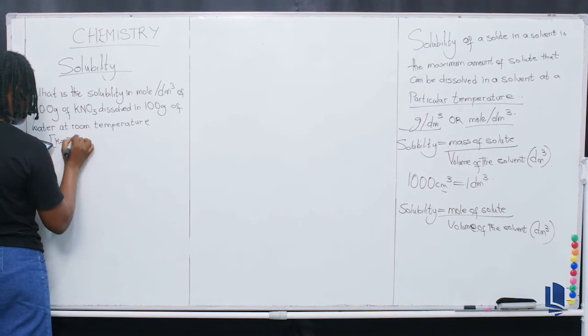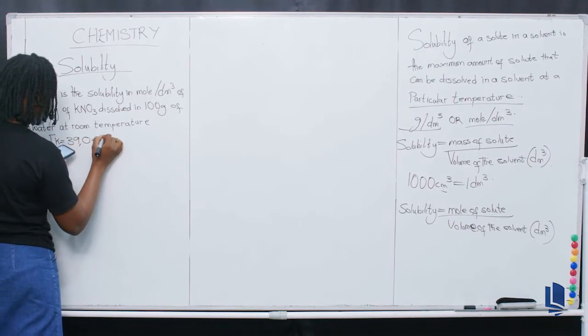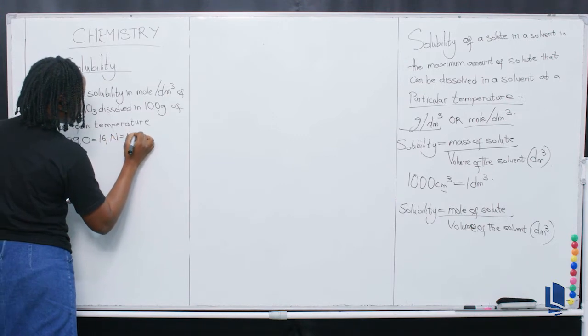K, atomic number 39, oxygen 16, nitrogen 14.